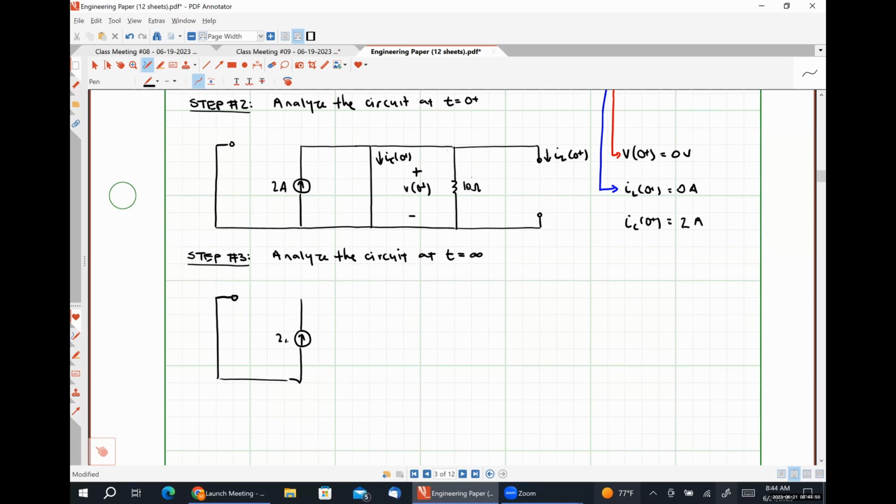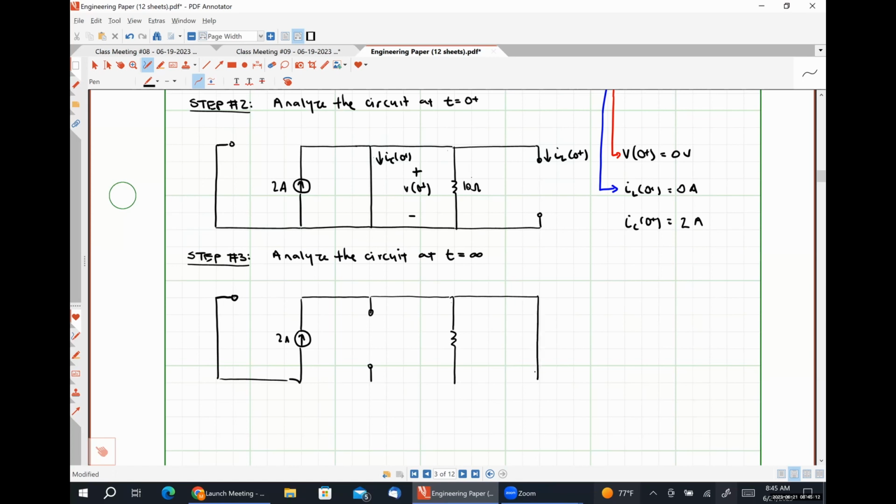Here's our 2 amp source. Our current source is connected to our RLC network. Because we're at DC steady state, our capacitor is going to look like an open circuit. Our resistor, as always, looks like a resistor.